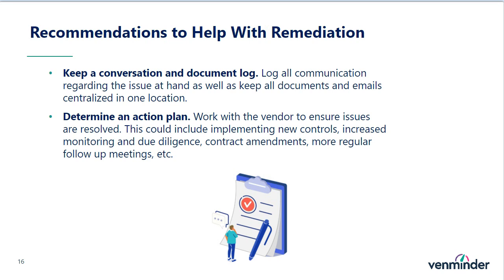Determine an action plan is a really strong thing to consider here. There's going to be more than one stakeholder internally involved. So it might be for implementing new controls or increased monitoring for due diligence or contract amendments. So think about who's doing what, what's their responsibility, and when are they due to deliver their actions.